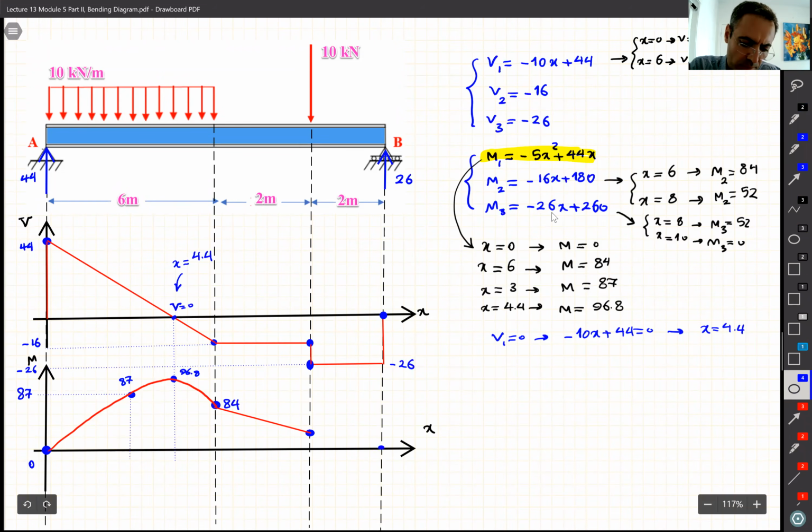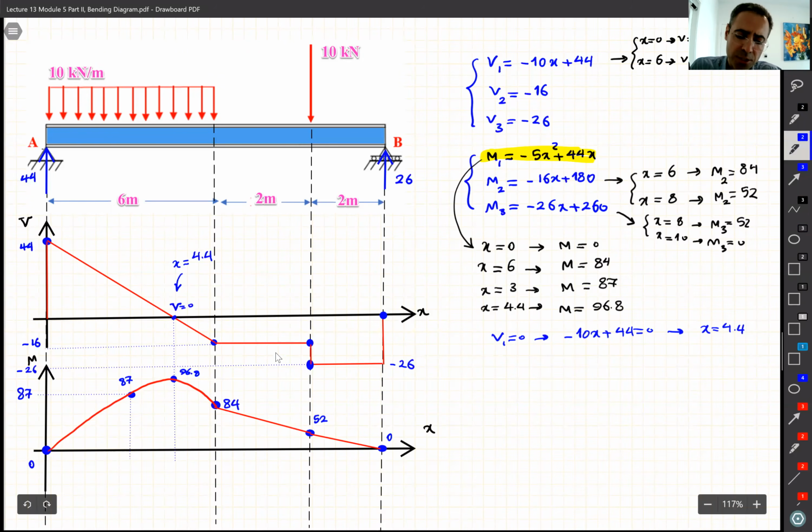So connect these two, all right, these graphs. And also we can check other things to make sure. For example, at the end, we return back to 0. That's good. There is no discontinuity in the M graph. Everything matches, which is good. Like here it is 52, either using the equation for the second region or the third region. And at the end, we return back to 0. So this is our graph.